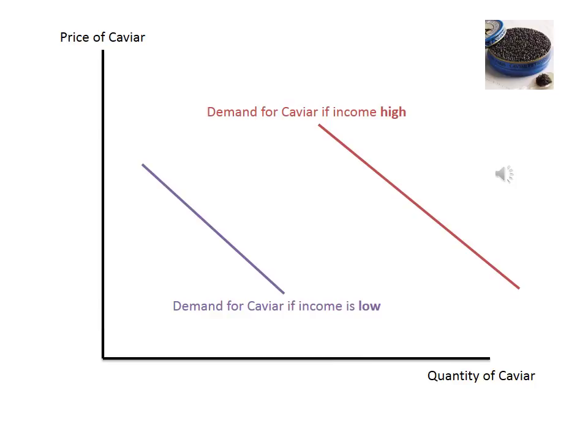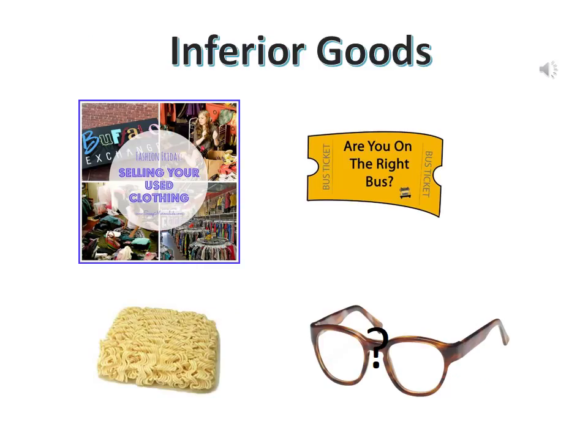Some goods are inferior, and inferior goods are goods that you're less likely to buy the richer you are. So used clothes, bus tickets, and ramen noodle dinners are probably all inferior goods. Now, eyeglasses, interestingly, are probably inferior goods today in rich countries because of laser eye surgery, but in very poor countries, eyeglasses might be normal goods because you live with bad vision if you can't afford any type of vision correction.